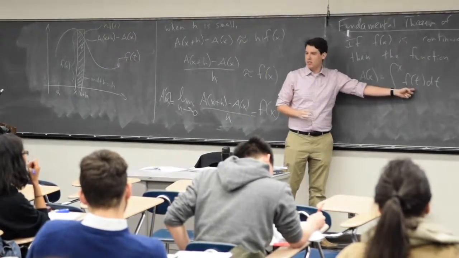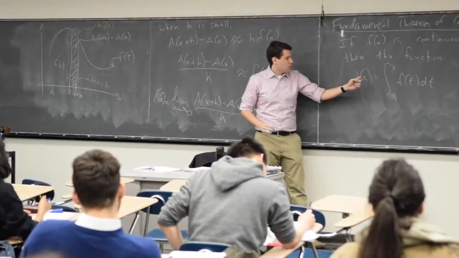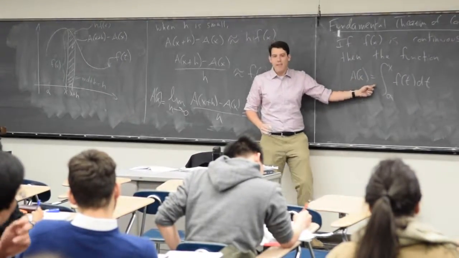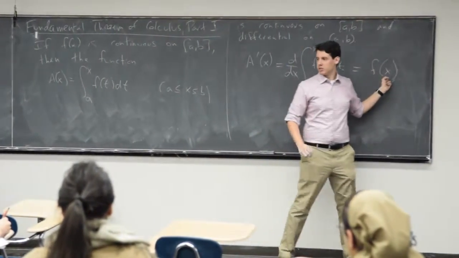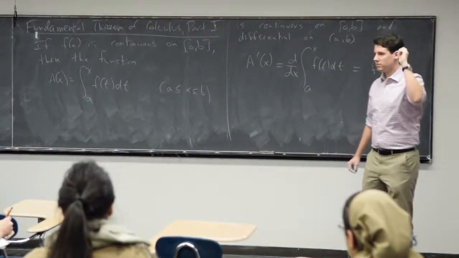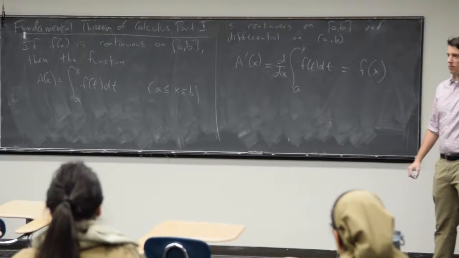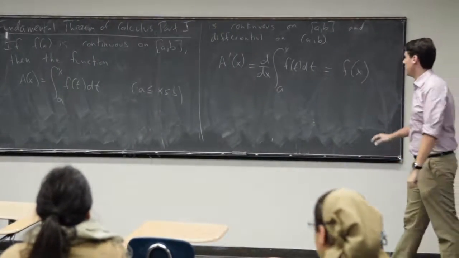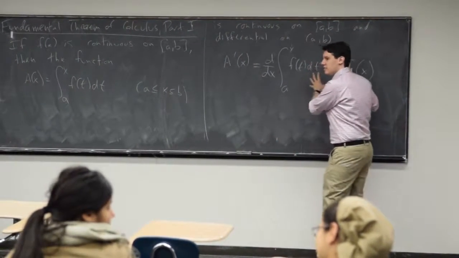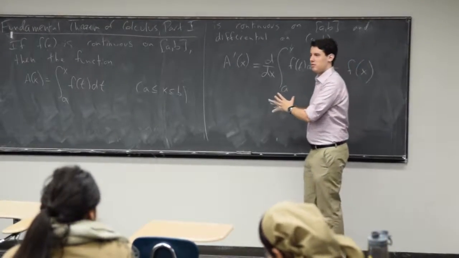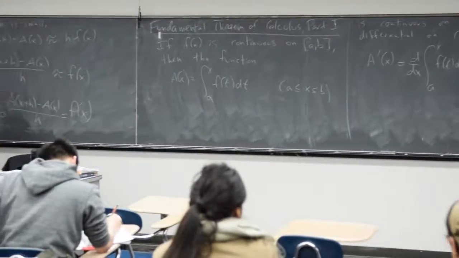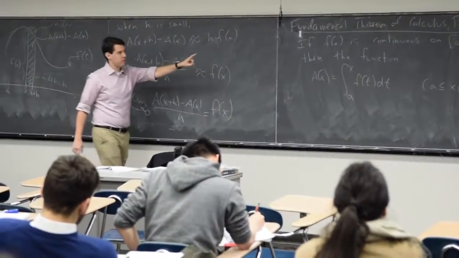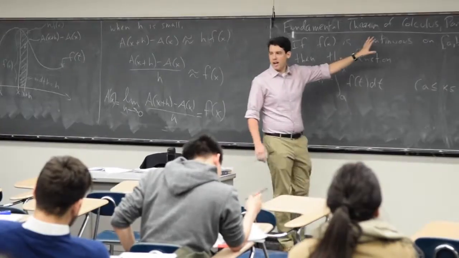Because when we have a function and we integrate it, and then we take the derivative of that integral, we get back the original function. This is such a powerful result. So this is part 1 of the Fundamental Theorem of Calculus.